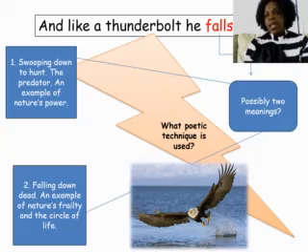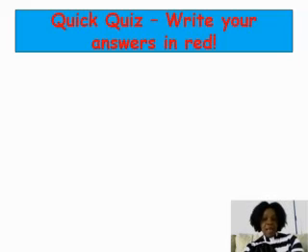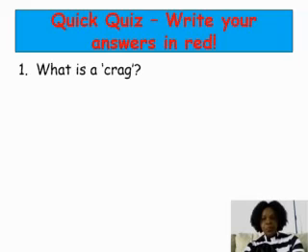With English and with poetry, there are always alternative interpretations, and once you can support it, as I said before, you're fine. So let's do a quick quiz and write your answers in red. If you don't have red, write your answers with whatever you have to hand, that's fine.